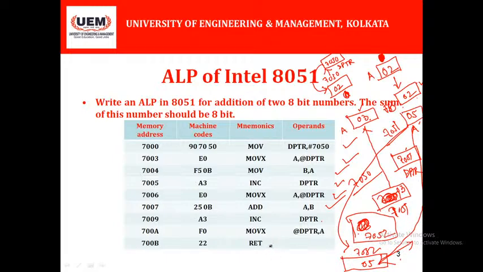Then RET, we are going to stop our instruction by the RET instruction. RET stands for return, and with the help of this statement we are going to stop our operation, and we are going to return to our base address.